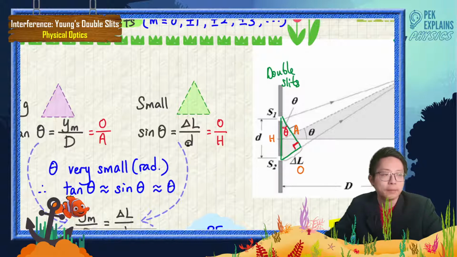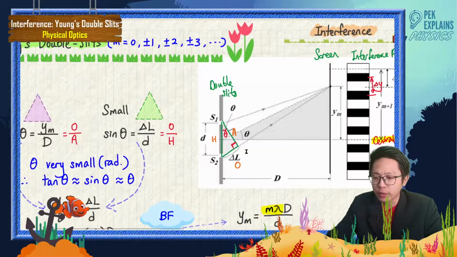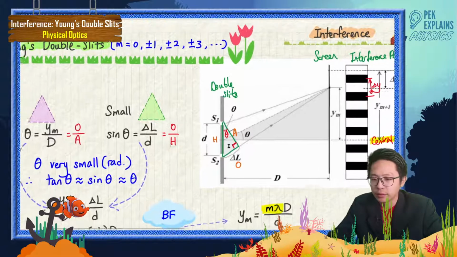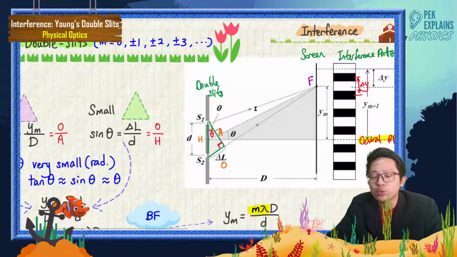Okay, let's look at this delta L. Why do we say this part is the delta L? Is it really delta L? Look at here, from S1 to this position. Maybe we can label here, this is the fringe, F. So from S1 to F, that is the path for the first wave.